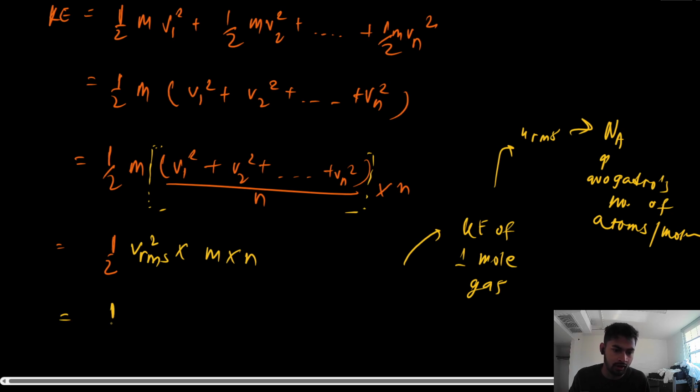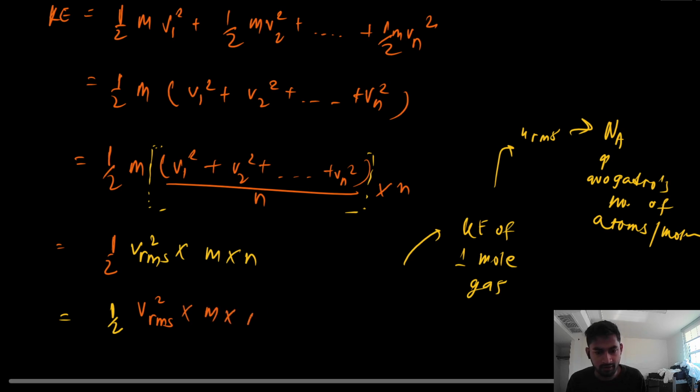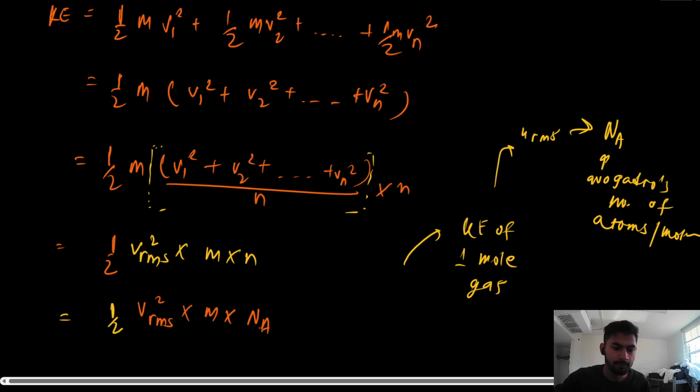Which means the equation over here, V_RMS squared, would have m times Na, right?